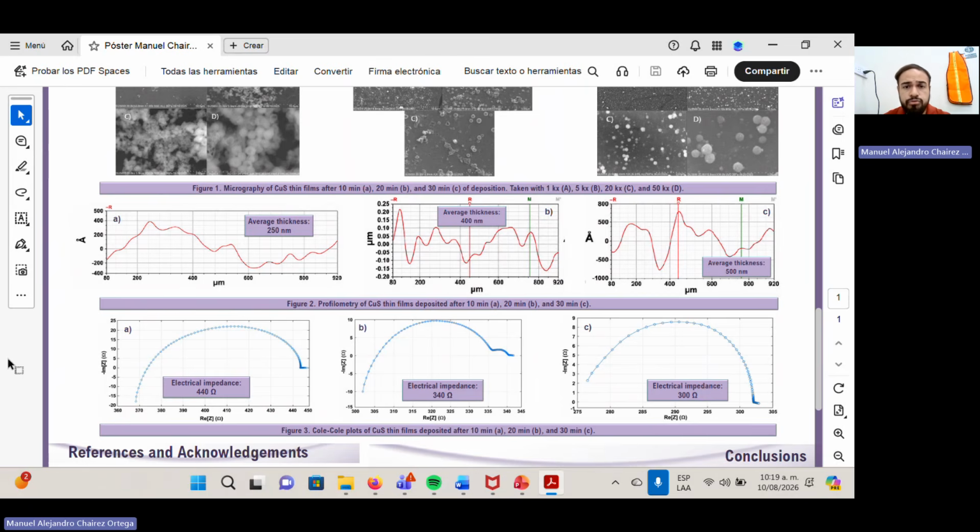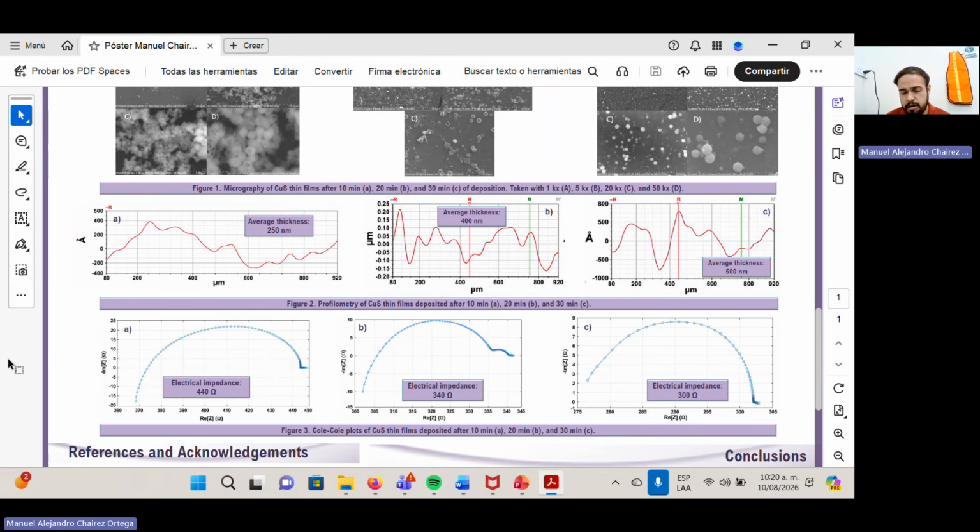Then we have 340 ohms after the 20 minutes deposition, and the last result was 300 ohms for 30 minutes, which is consistent with the literature, because when we have a better deposition with more homogeneous thin films, the electrons could hop from pair to pair in a better way.